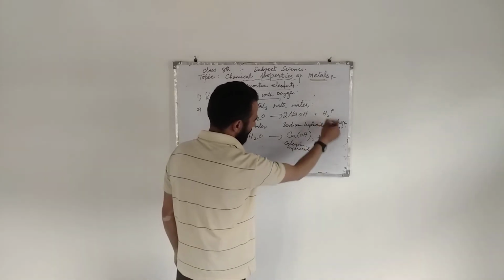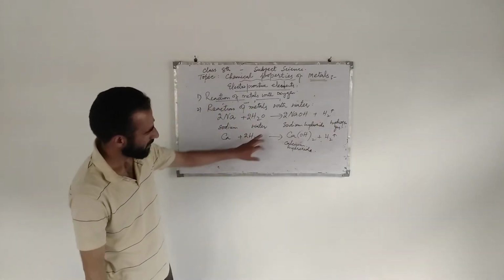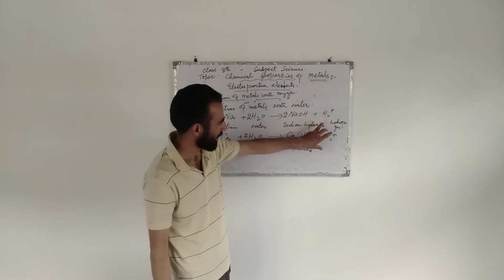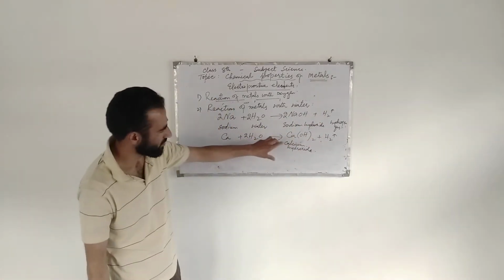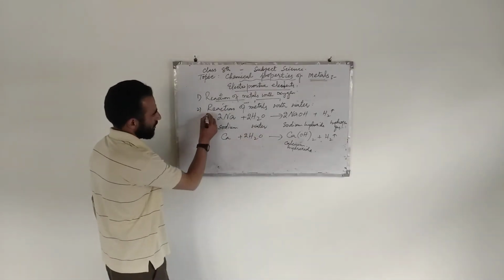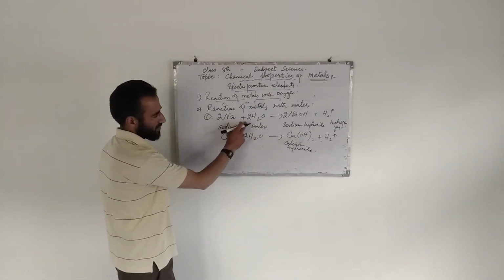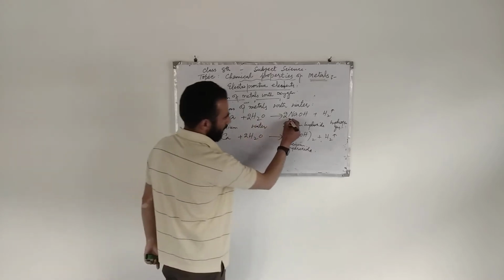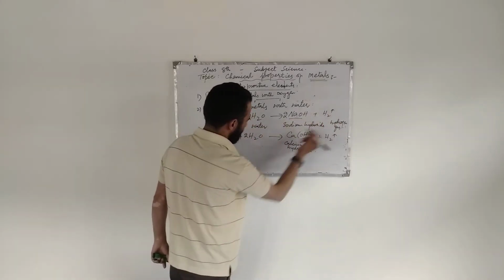Calcium hydroxide and hydrogen gas. In these 2 examples, we have seen a similarity: in both reactions, hydrogen gas is formed. In the first reaction, sodium in the presence of water forms sodium hydroxide and hydrogen gas.